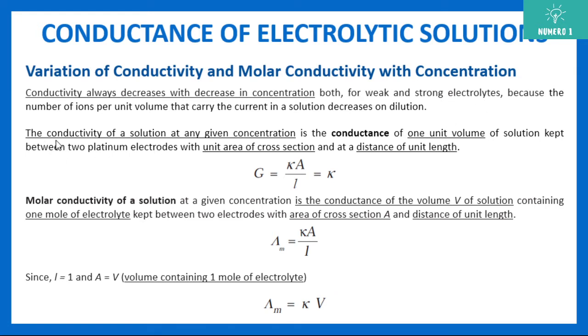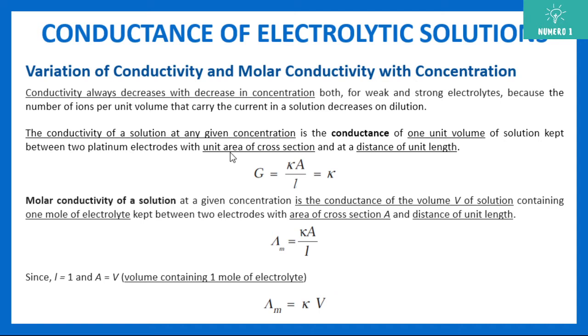Now, the conductivity of a solution at any given concentration is the conductance of 1 unit volume. So here the volume is 1 unit of the solution, which is kept between two platinum electrodes with unit area of cross section A and at a distance of unit length. If you want to write it down, conductance G is equal to kappa A upon L, where A is the cross sectional area and L is the distance between the two electrodes.